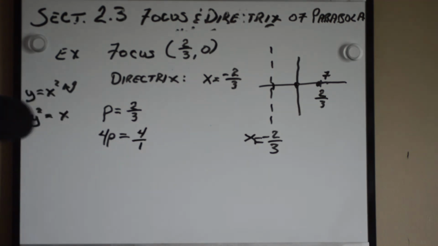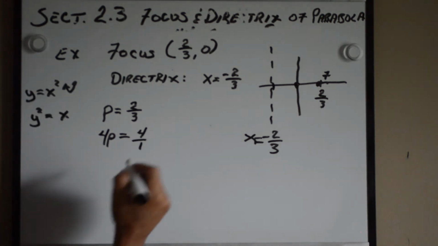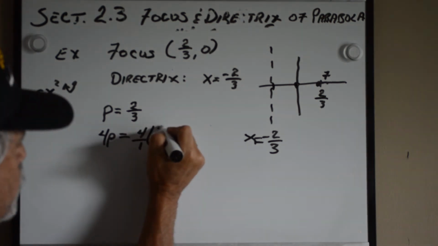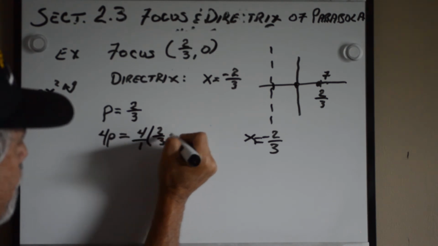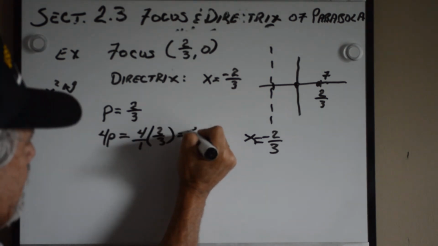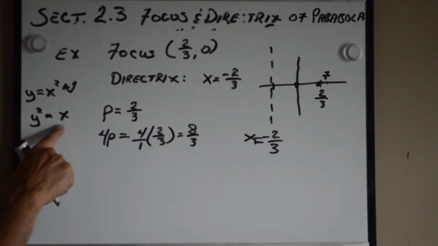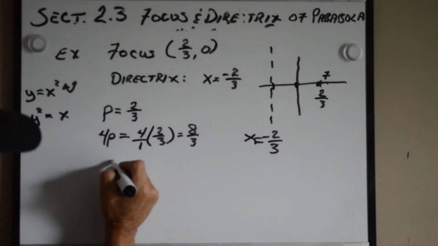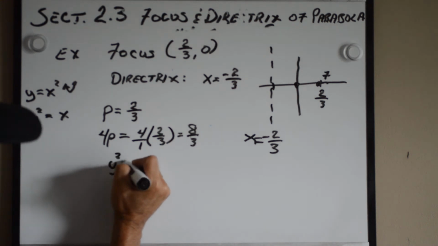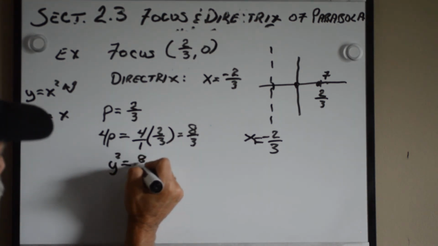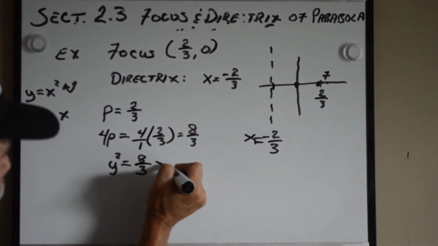I put it over 1 since I'm going to multiply that by a fraction. 4 over 2/3, which is equal to 8/3. So my equation then is of this type. So y squared is equal to 8 over 3x.